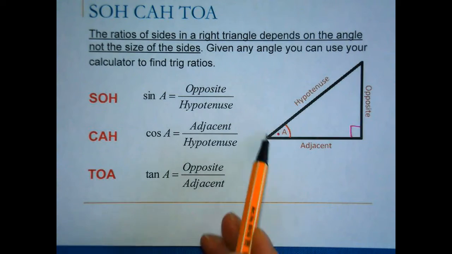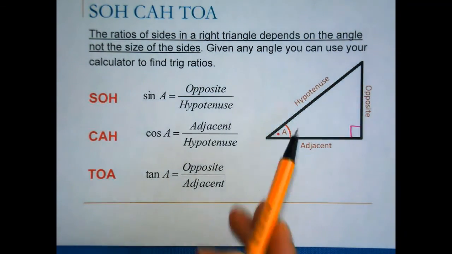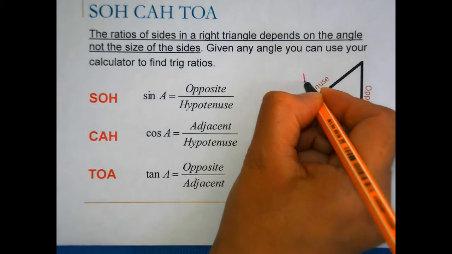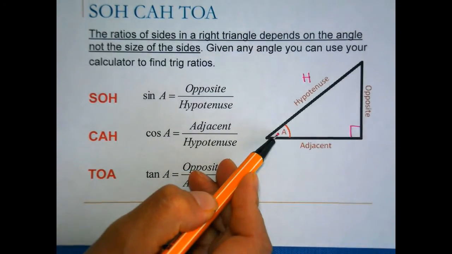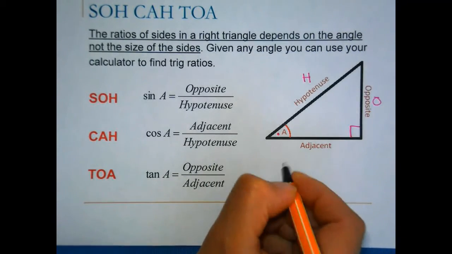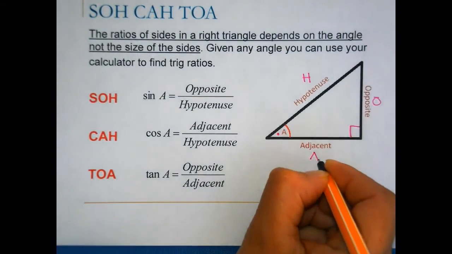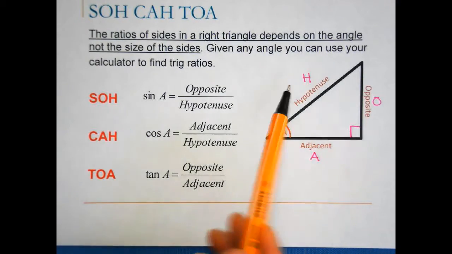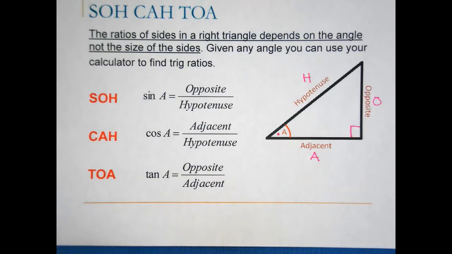So in this example, angle A is given, so the largest side, opposite the right angle, is always the hypotenuse, or H. Then the side opposite the angle is the opposite side, and the side next door to the angle is adjacent, or A. And we talked about how in a right triangle mathematicians figured out that the ratios of these sides to each other is always the same value, which is tabulated and programmed into your calculators as well.